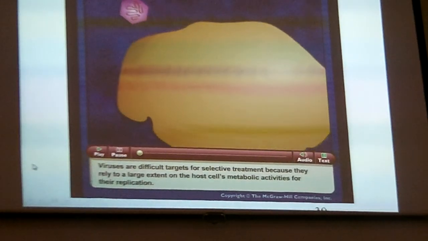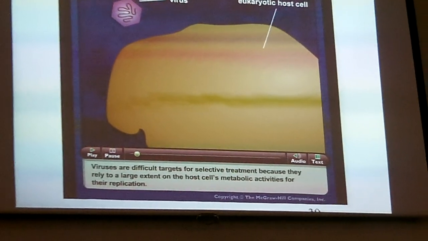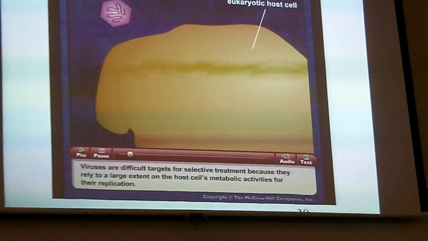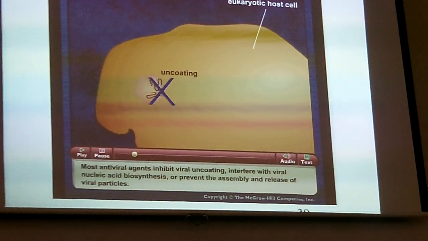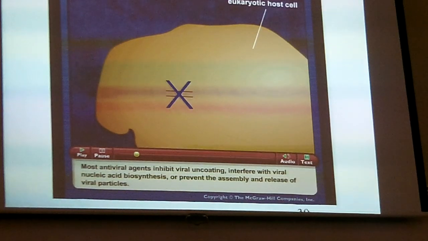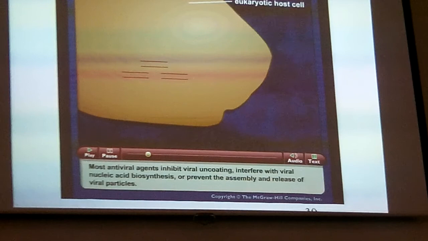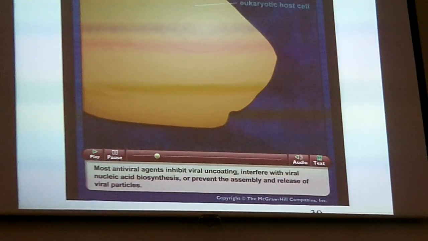Viruses are difficult targets for selective treatment because they rely to a large extent on the host cell's metabolic activities for their replication. Most antiviral agents inhibit viral uncoating, interfere with viral nucleic acid biosynthesis, or prevent the assembly and release of viral particles.